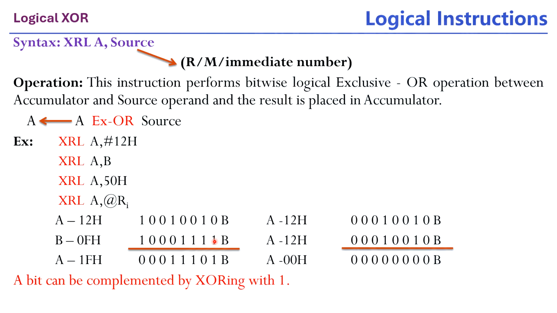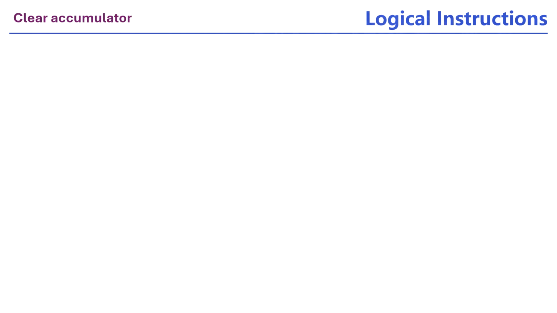If only one digit is 1, it produces the value 1, but if both digits are the same, they produce the value 0, right? So different values give 1. So this is the thing available, you can just use XOR logic. You can implement here. We can clear any bit by performing XOR with the same bit.